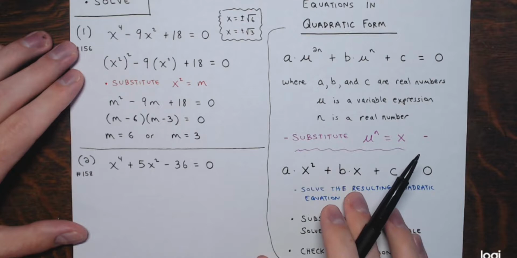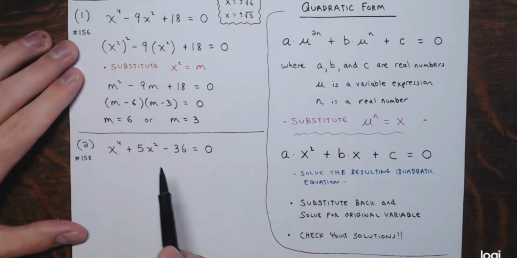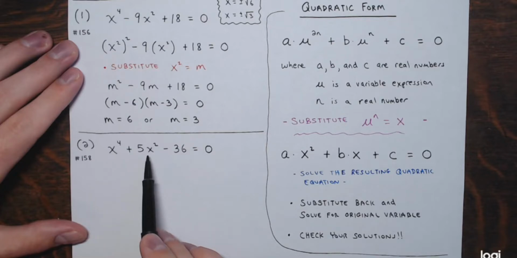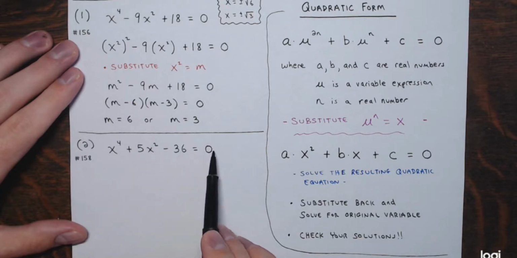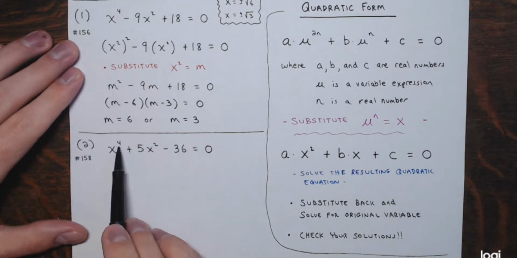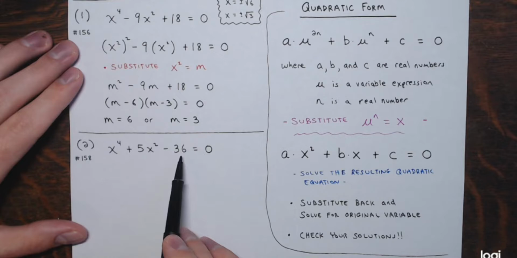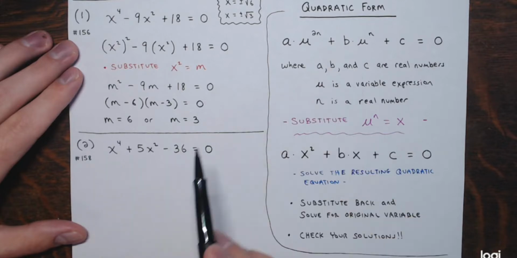question 2, very similar. It's another degree 4 equation, another quartic equation, but you got everything on one side, 0 on the other. Notice that the power in the first term is double the power on the second term, and then you have a constant. So this must be in this quadratic form, and I'll show you how.